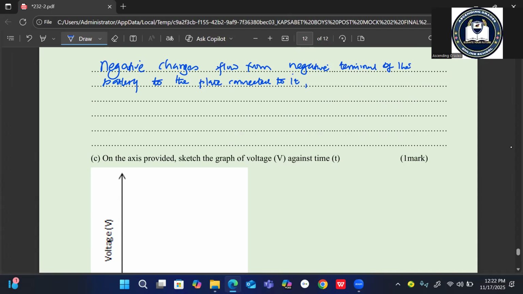At the same time, negative charges flow from the other plates towards the positive terminal.